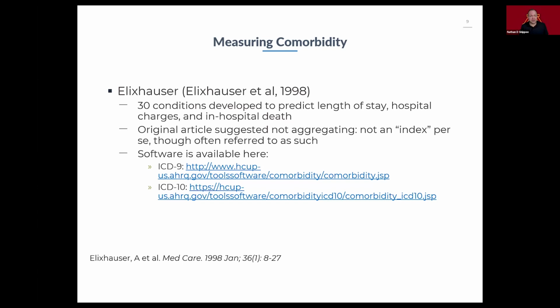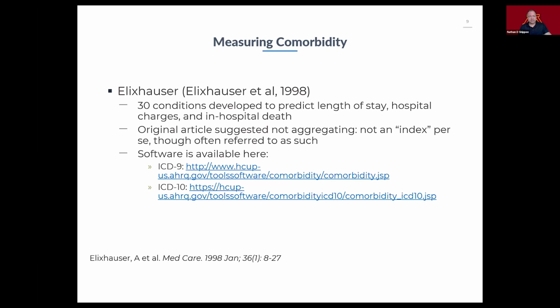So what most people actually do is they use this set of conditions not as a list of things that have been shown to be predictive of these outcomes and therefore are potentially important, but rather they take this set of conditions, score them, by which I mean they count the conditions and then add them up into a score, and they call it an index.